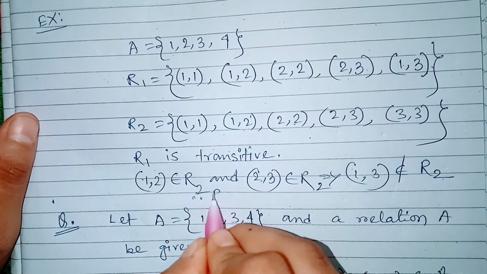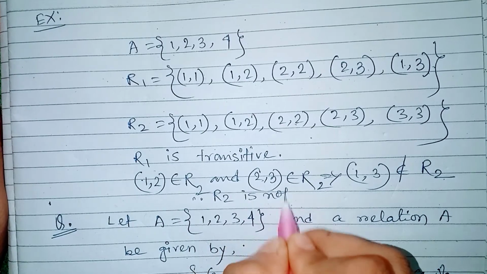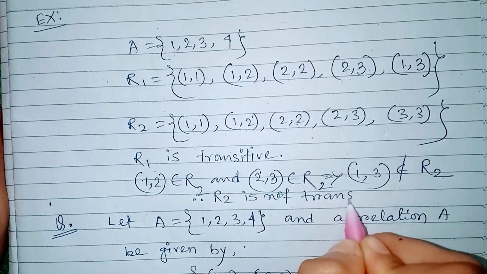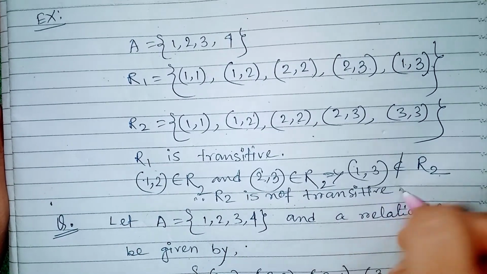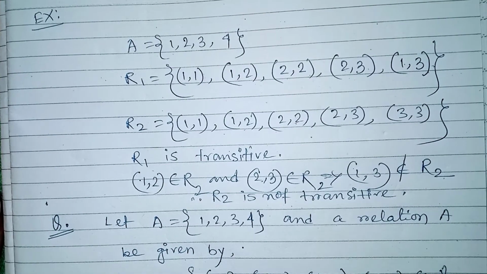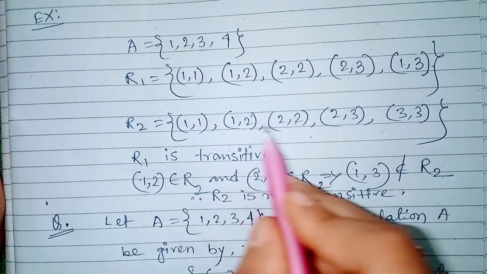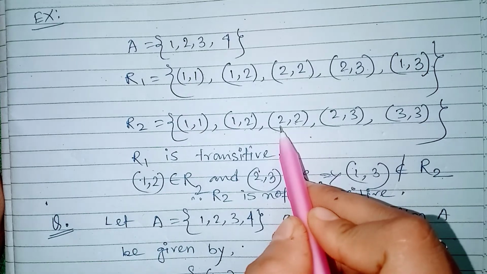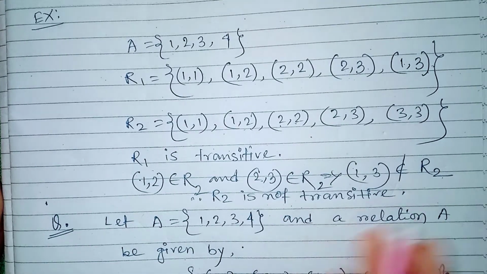That's why R2 is not transitive. Take any two elements from this set, where one ends with a term and the other starts with the same term.